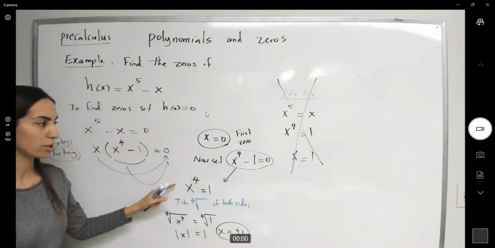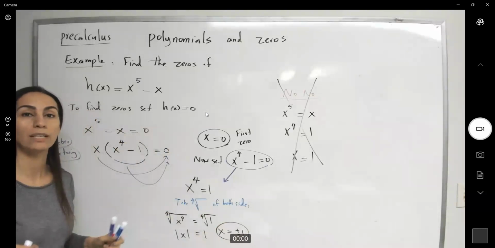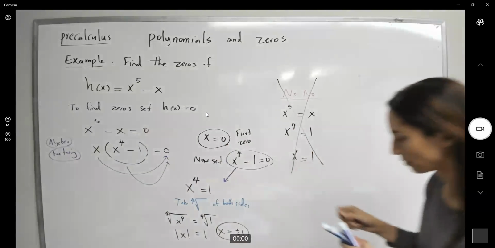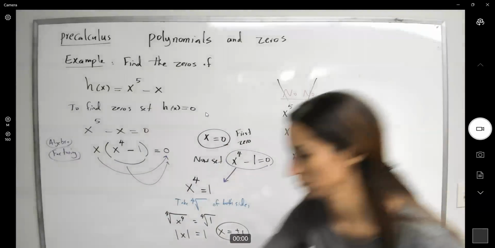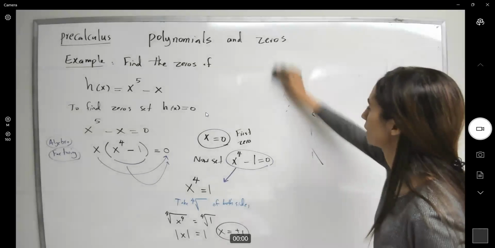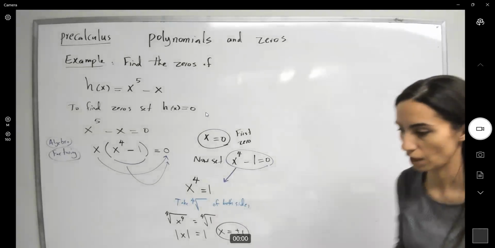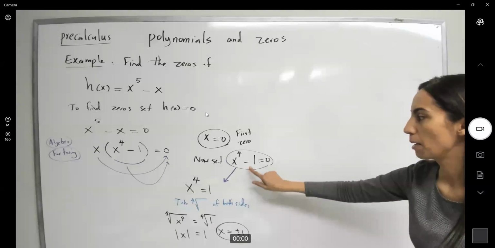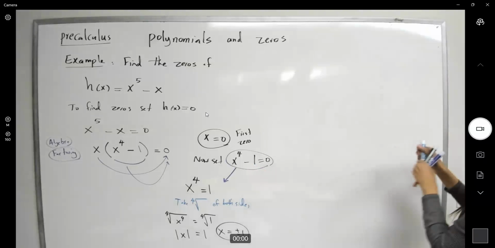Again, you can either solve it this way, or you can use factoring here. Factor this out this way. X to the fourth minus 1 can be written this way.